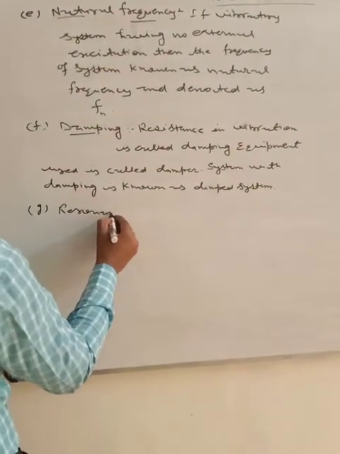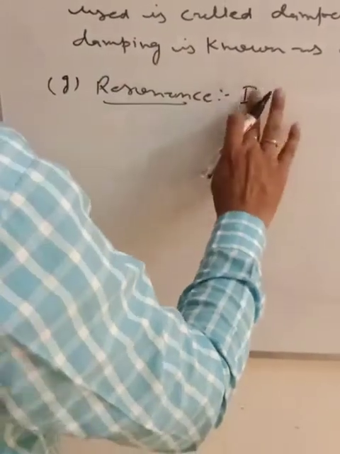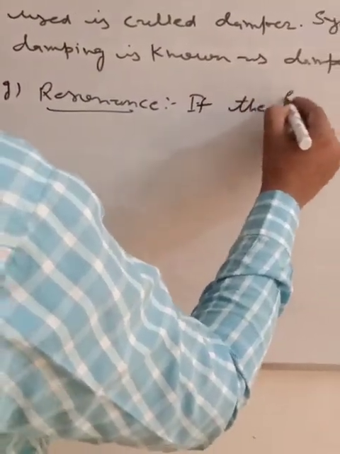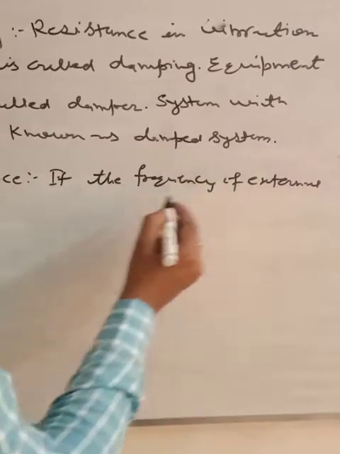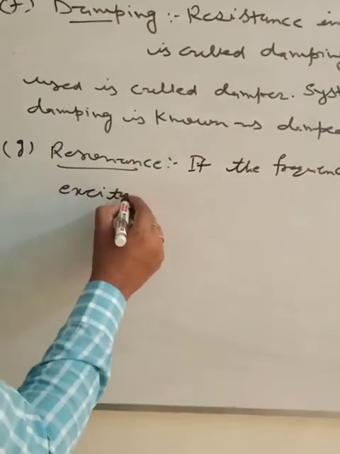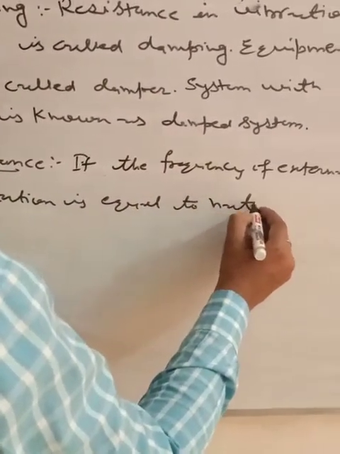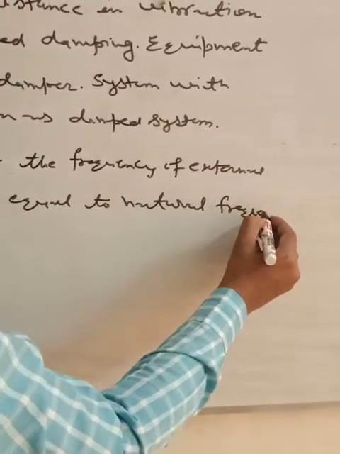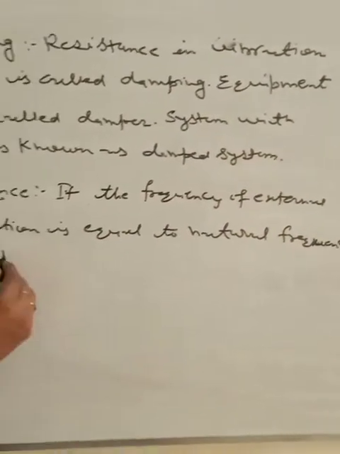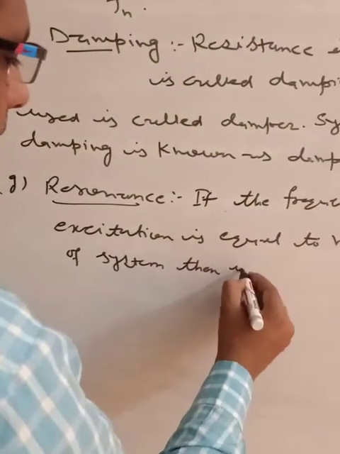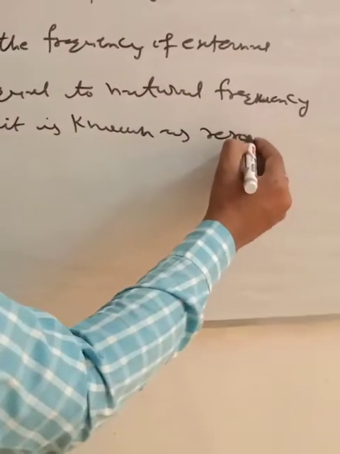Resonance: if the frequency of external excitation is equal to the natural frequency of the system, then it is known as resonance.